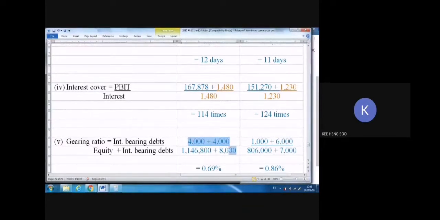This is an external debt. This one is external debt.